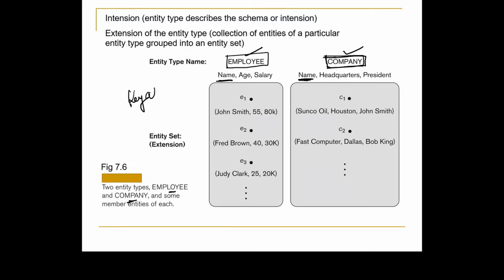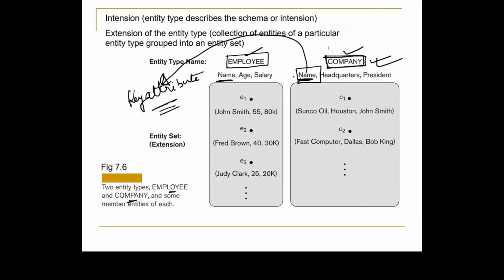So the key attribute is name, because company name will be unique. So especially for this entity type, that is company, we can have name as a key attribute.